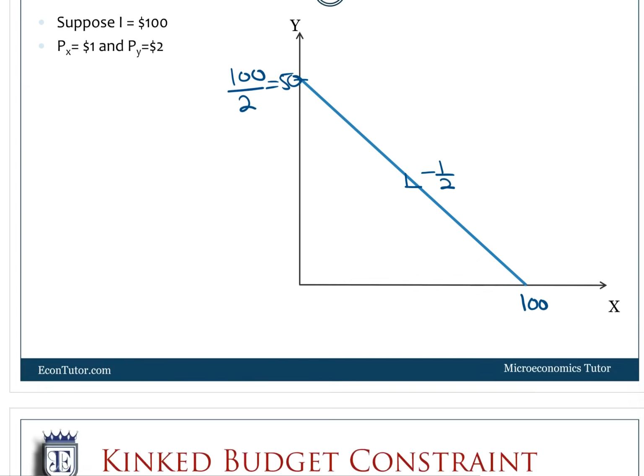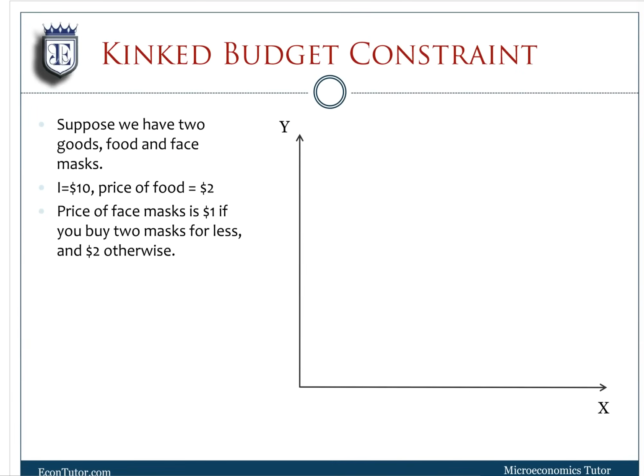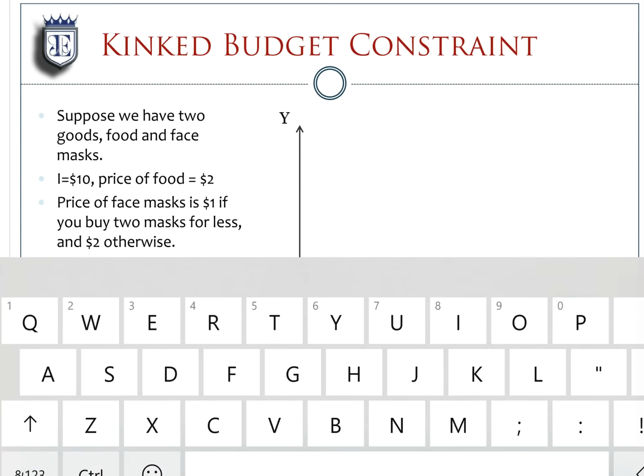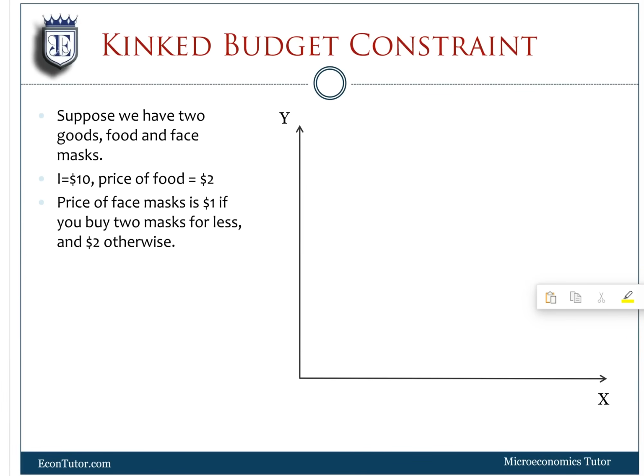Super simple. This one's slightly more interesting because this has a kinked budget constraint. This is actually dealing with what we are going through right now with the coronavirus. Suppose that we have two goods, food and face masks, and your income is 10, the price of food is 2, and the price of a face mask is 1, but only as long as you buy less than or equal to 2 masks.